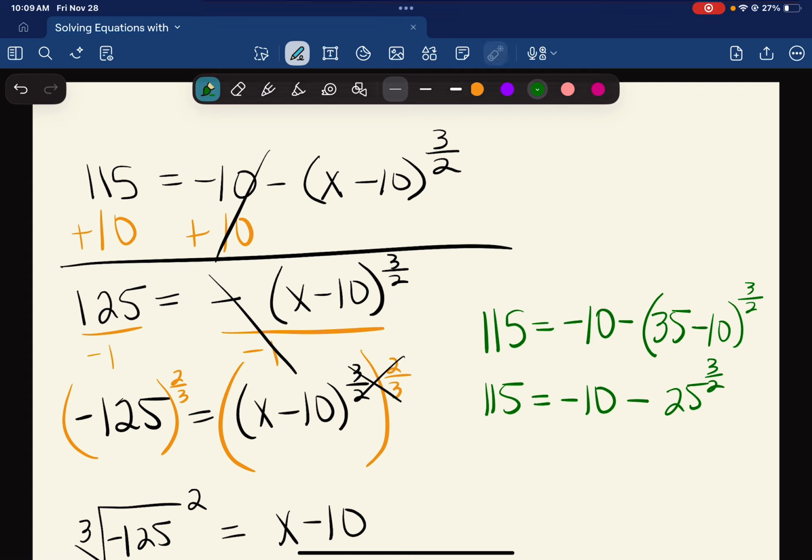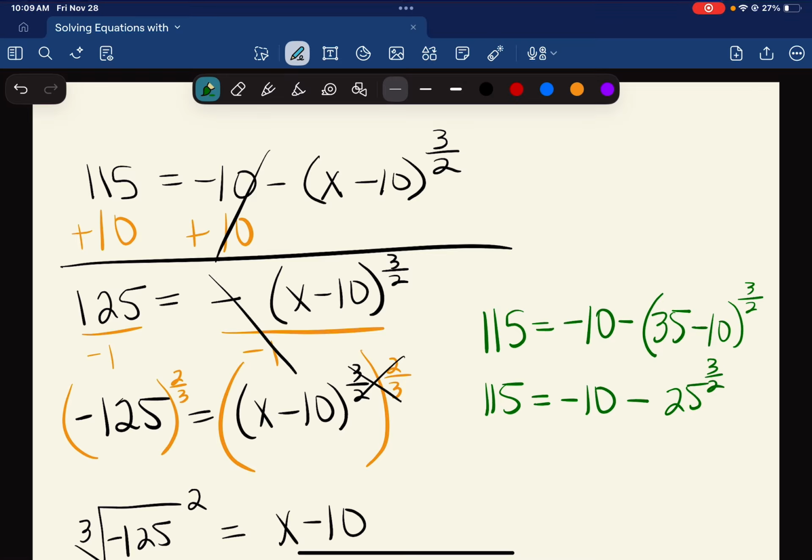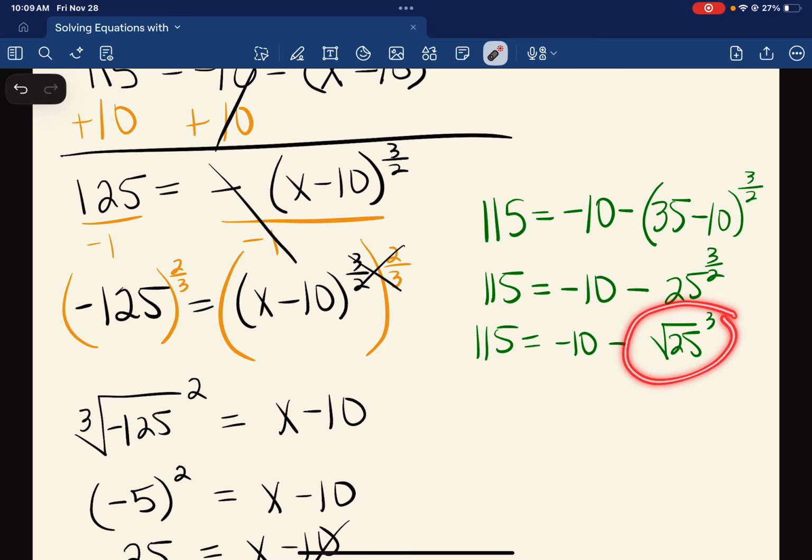All right, what does this rational exponent mean? Well, the 2 is the square root, and the 3 means we are cubing it. So this is 115 equals negative 10 minus the square root of 25 to the 3rd power. The square root of 25 is just 5. 5 to the 3rd power is 125.